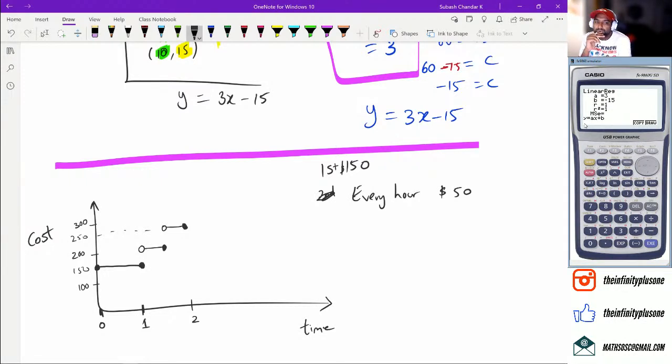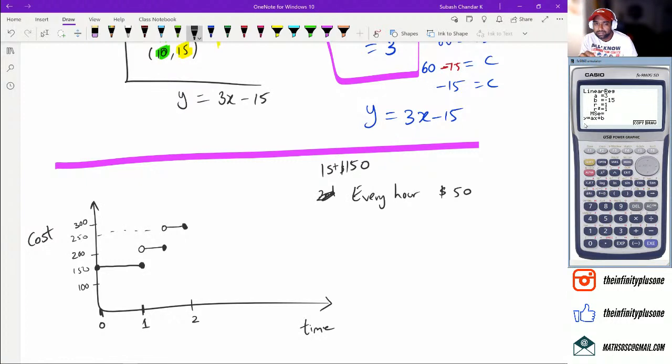So that's pretty useful to know, especially with these kinds of questions. The other kind of question sometimes they do is where at the end of each week they get this much money. In those cases, make sure you put it as a dot and not a joined line.